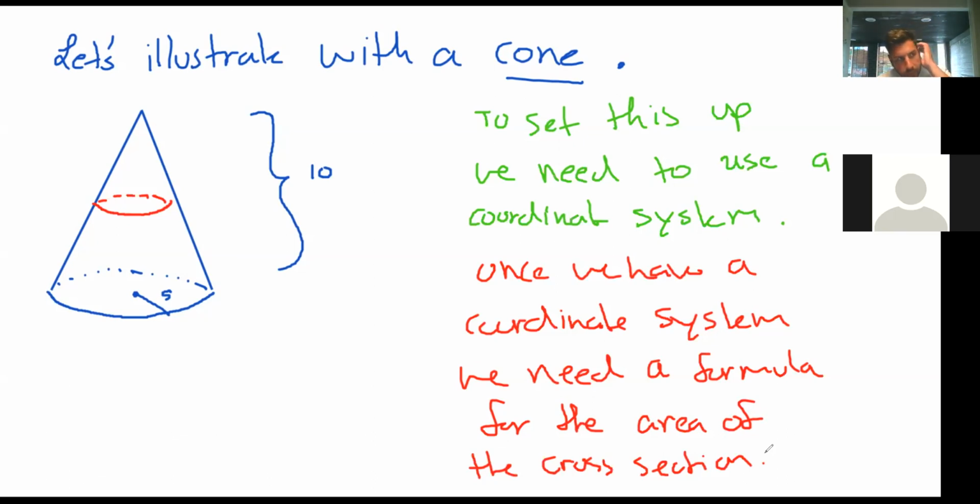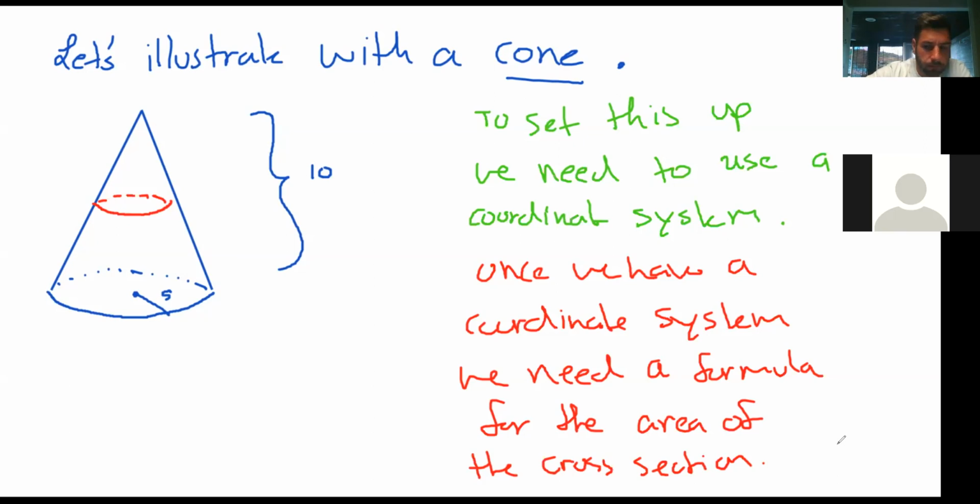So one way to get a formula is to use some ideas from geometry, like similar triangles. But another way is to use basic ideas about linear functions. It might not be obvious what I mean by that right now, but I'm going to turn this creature on its side and put it on my coordinate system.